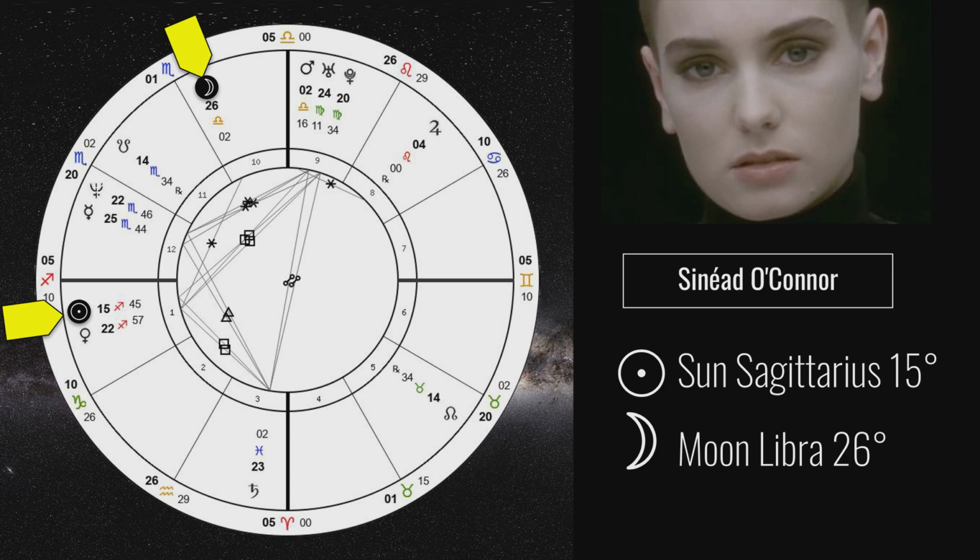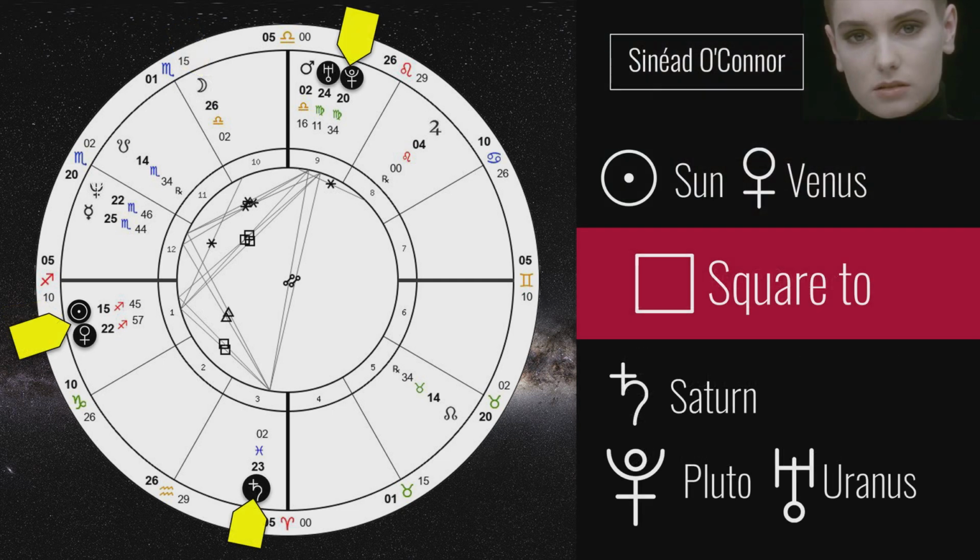So in this case, the sun is square to Pluto and Uranus and Saturn. And so the sun's energy is linked to Venus by conjunction and to Saturn, Pluto, and Uranus by square. And that is more than enough information to ponder and to evaluate.